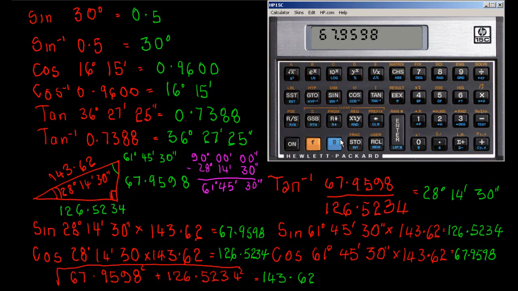So let's just use our little x squared button that we've got here, and let's key in 126.5234. Let's just square that. We'll use the x squared button. Let's add those two together and take the square root, and lo and behold, 143.62. Very good. We've got it. Nailed it.